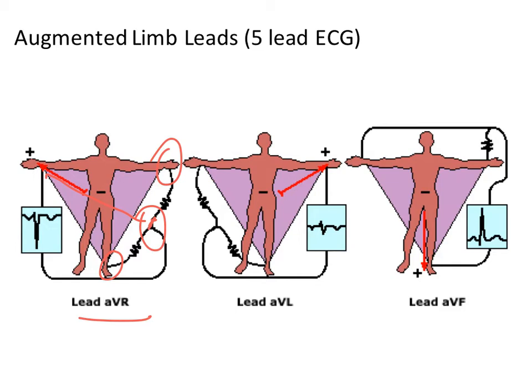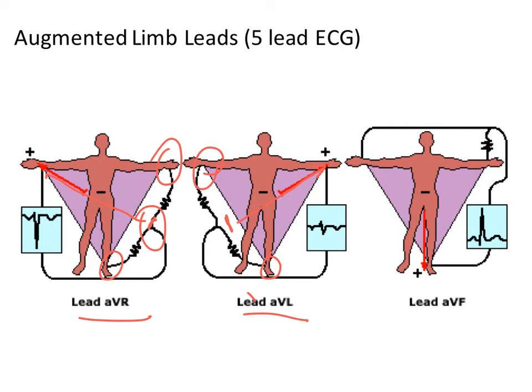Another thing you can do is combine the right hand and the left leg together right here, and look at electrical signal from this point going in that direction towards the left hand, and that's called the AVL lead.